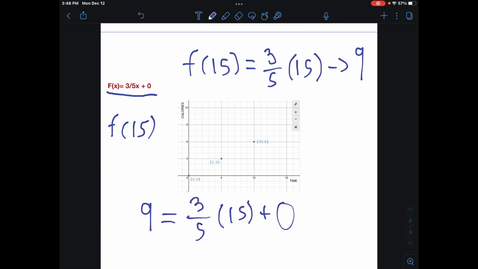We don't really need it, but we'll just go ahead and put it there. And so this tells me that if I spend 15 minutes exercising, then I will have burnt 9 calories. And of course, these are just hypothetical numbers. I hope nobody's only burning 9 calories after exercising for 15 minutes, although it feels that way sometimes.